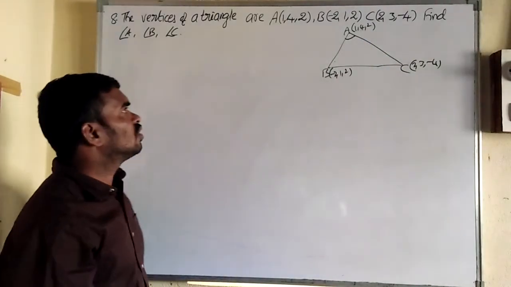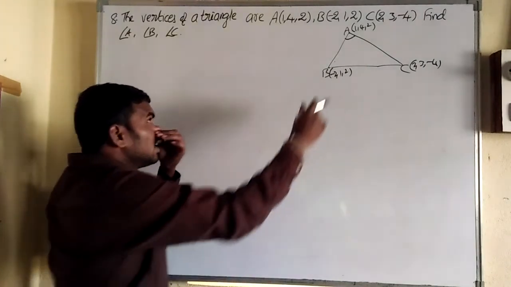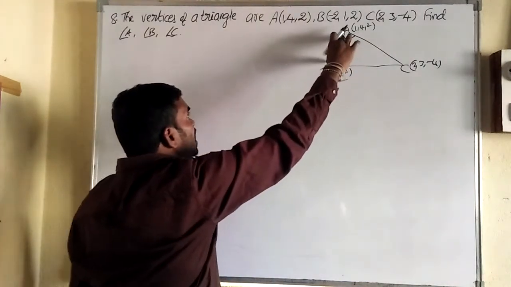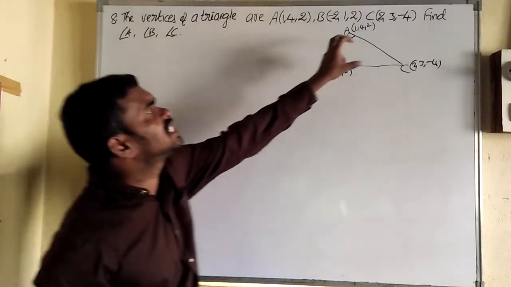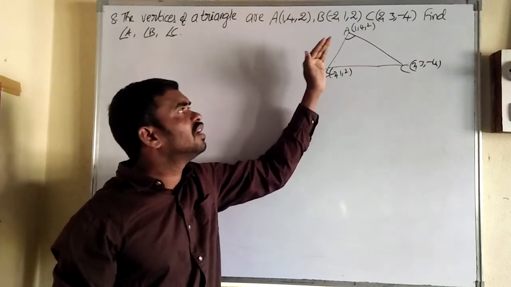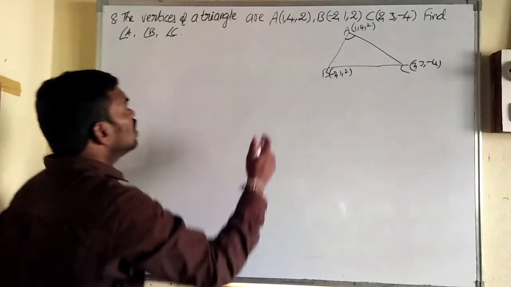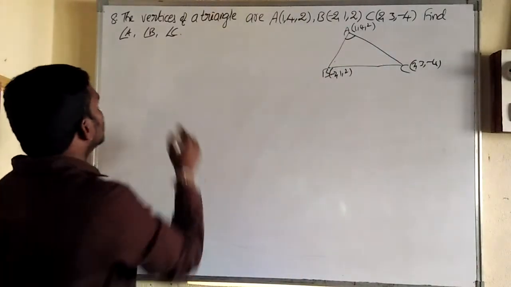So first, angle A we want. To find angle A, we should know side AB and side AC, that is, the AB direction ratios and AC direction ratios. Then using the cos theta formula, we can find angle A. So first find AB direction ratios and AC direction ratios. Solution.